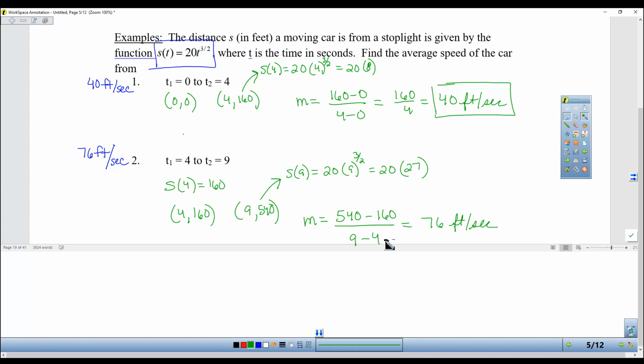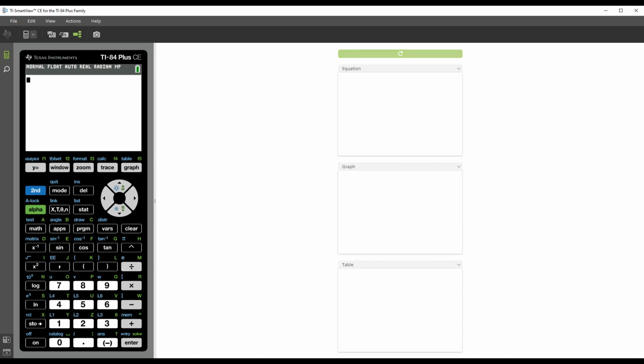If you're typing this into your calculator, then you can use the fraction button in order to make an actual fraction like that. Okay, so I want to just show you how to find the fraction button on your calculator. If you do alpha, this green button right there, which just turned red because I pushed it, F1, which is the y is equal to button, N over D means numerator over denominator.